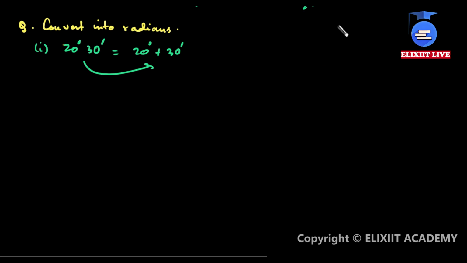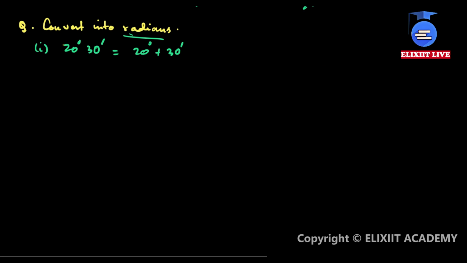Now we can convert individually. We need to convert this into radians. First, let's convert this all into degrees, and then we'll multiply with pi by 180. 30 minutes is what? Half a degree.